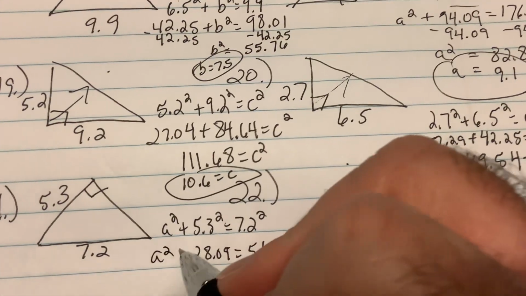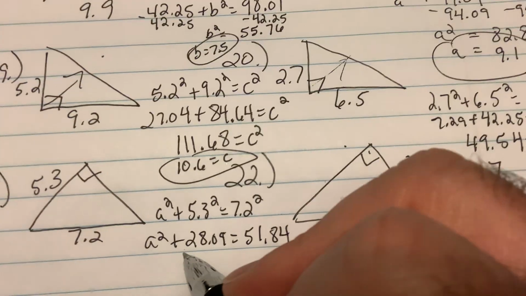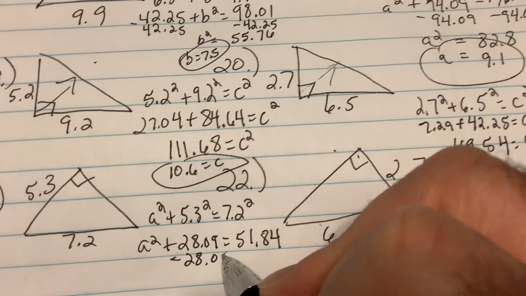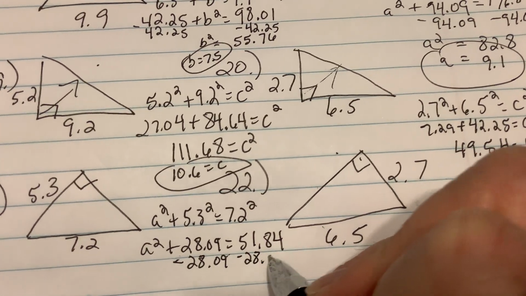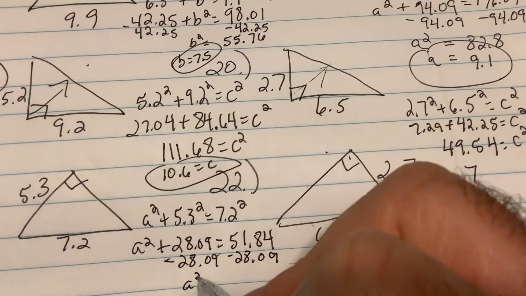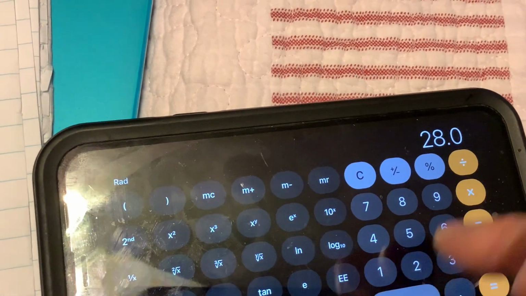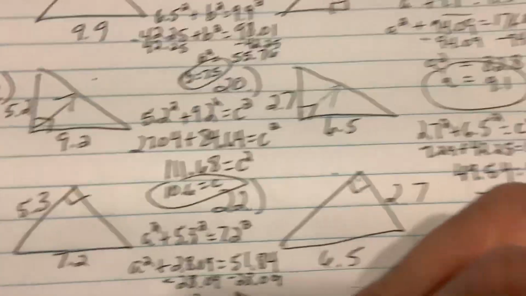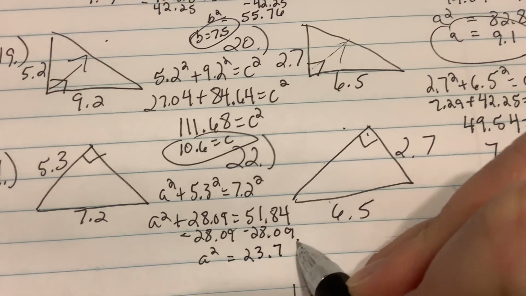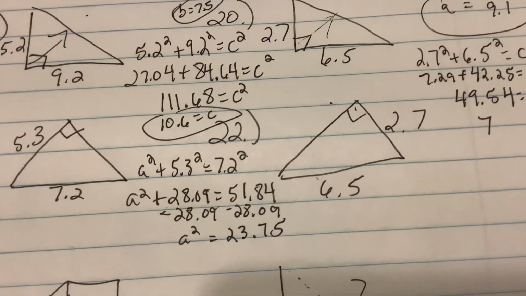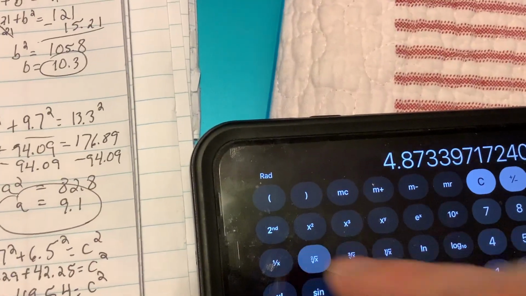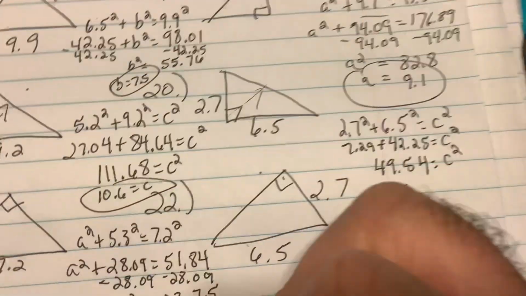So we have this a squared plus this. So our one extra step is we got to move this over, so that we get 23.75. Okay, and the last thing we need to do is square root it. So 4.9.